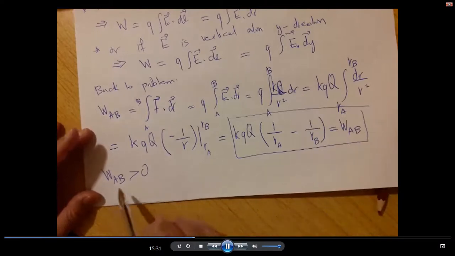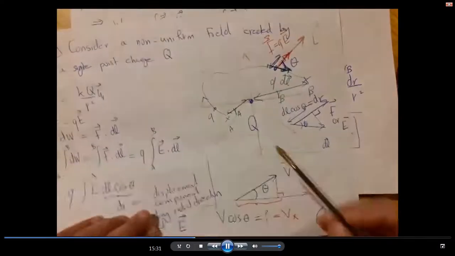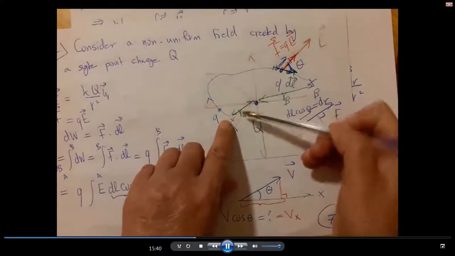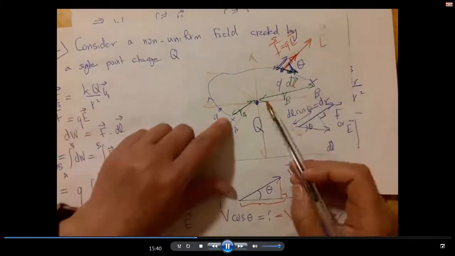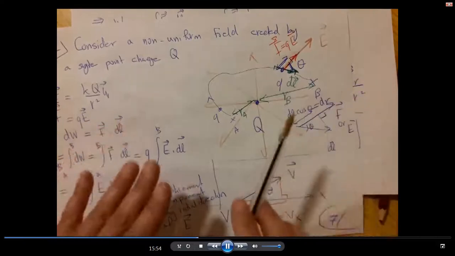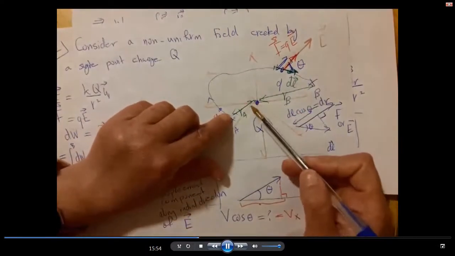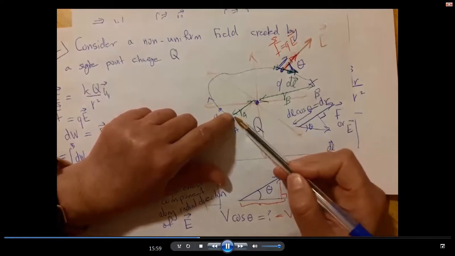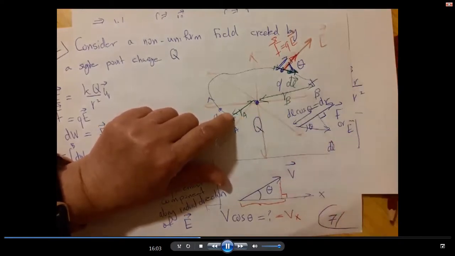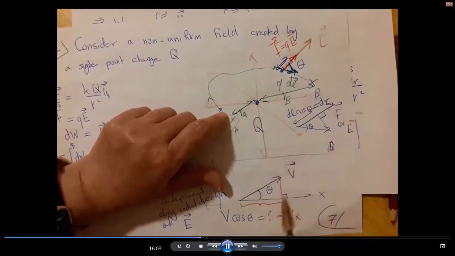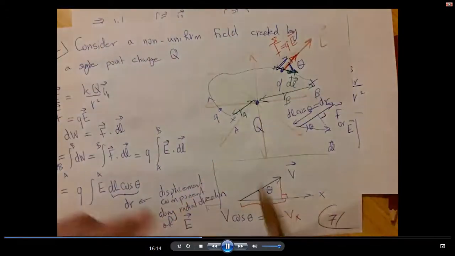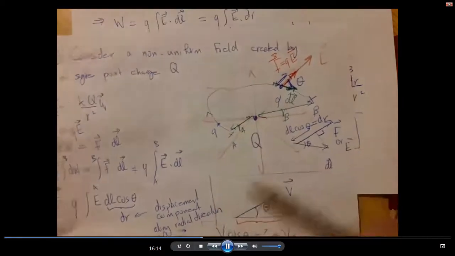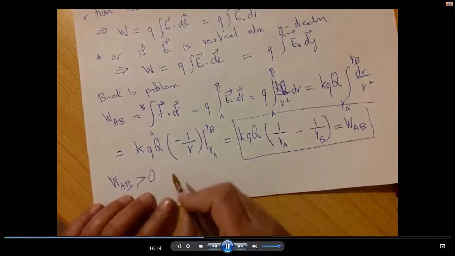So it makes sense that the answer is positive, if we are moving from A somewhere here to B somewhere here. Why? Because I care about displacement with the direction of E. E is radial and F is radially outward. Moving radially from a closer point to a farther point is radially outward, not inward. So this is with the direction of F or E. So this answer is logical.